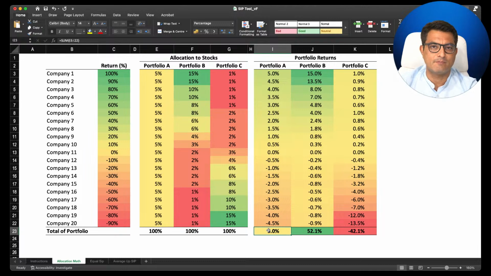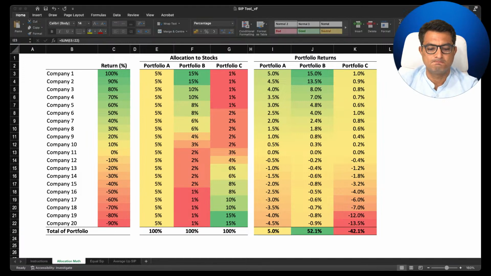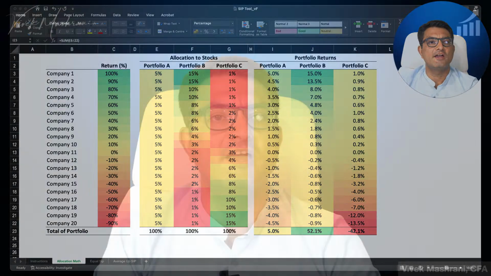Now let me give you something powerful. Imagine, instead of blindly doing SIP in an equal amount, which generally people do, right? If you have put in a simple thought process, which is whichever stock has performed well, which stock has started giving you returns, you add more to it, and if that has not given returns to you, you don't allocate more to it.